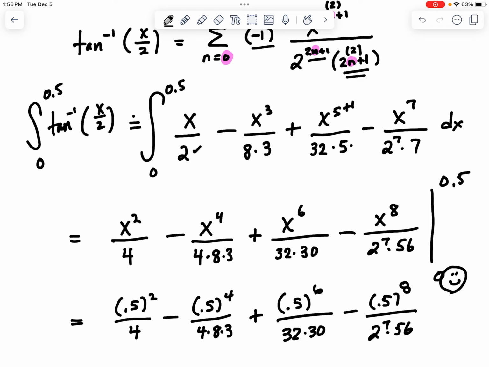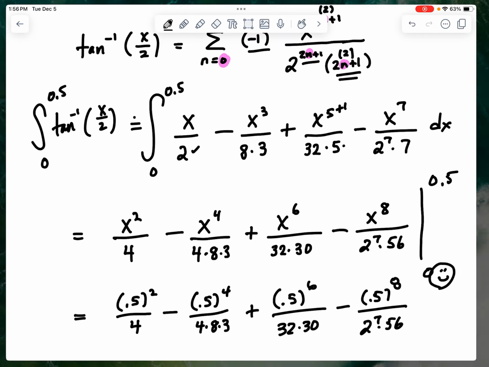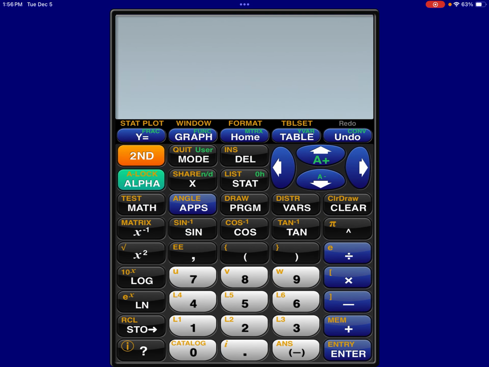Okay, so now go over to the calculator, and we have 0.5 squared divided by a 4. Oh, the next one is minus, and then 0.5 raised to the 4th, and then that is divided by 4 times 8 times 3.